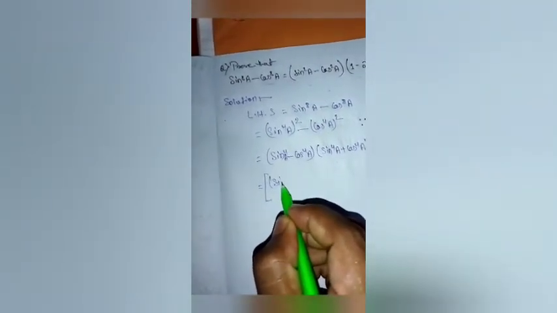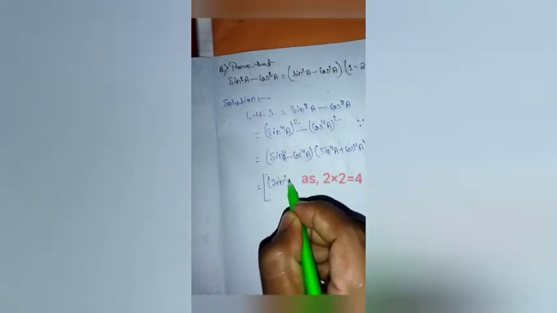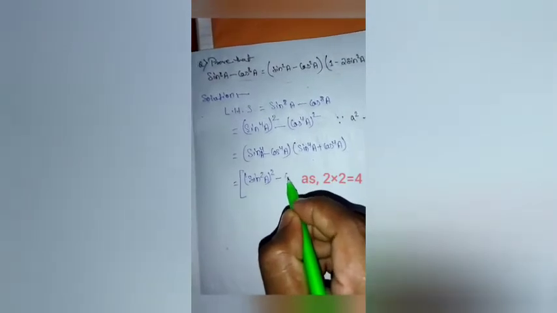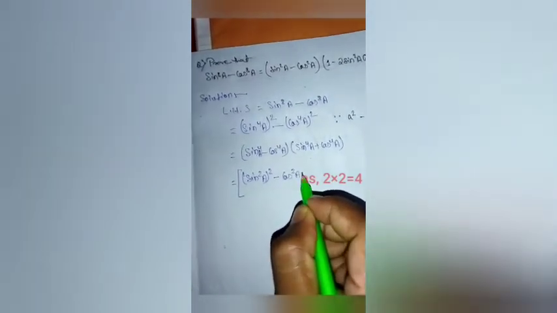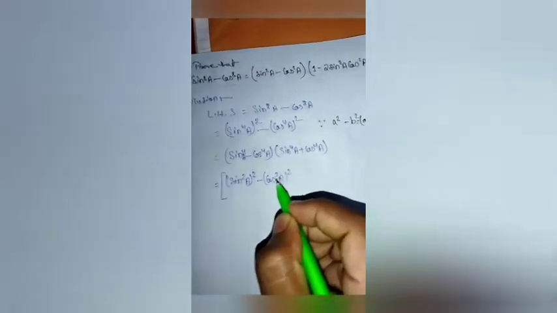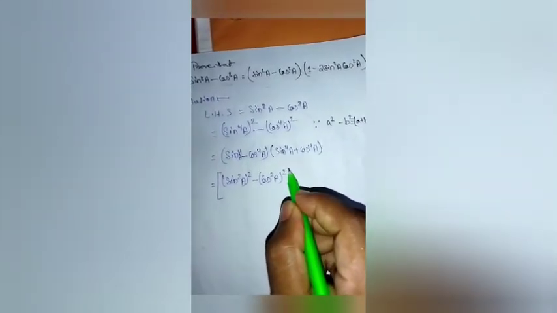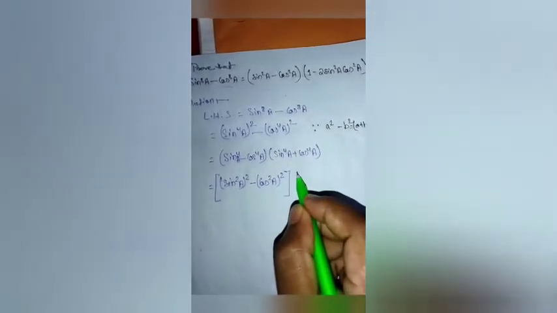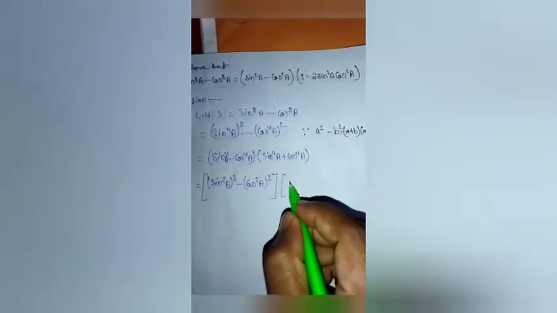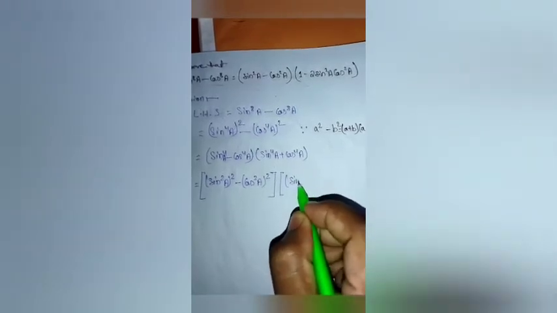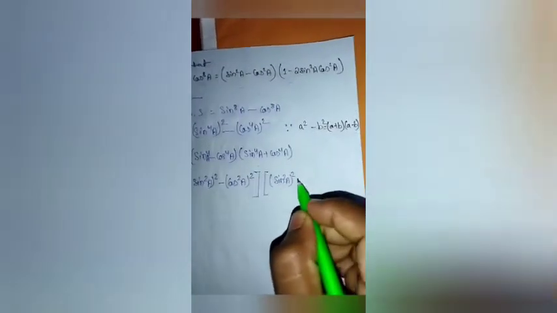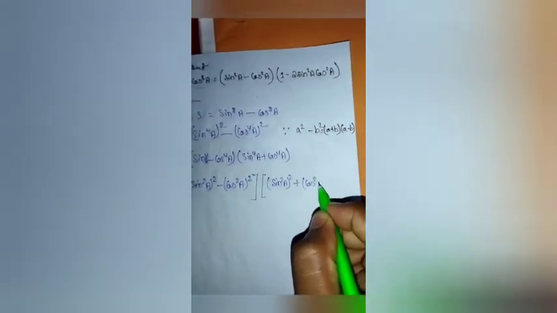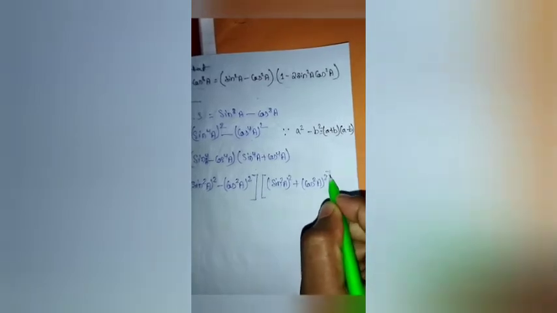Sine to the power 2a means sine square a whole square minus cos square a whole square, then again a bracket, then whole into sine square a whole square plus cos square a whole square.